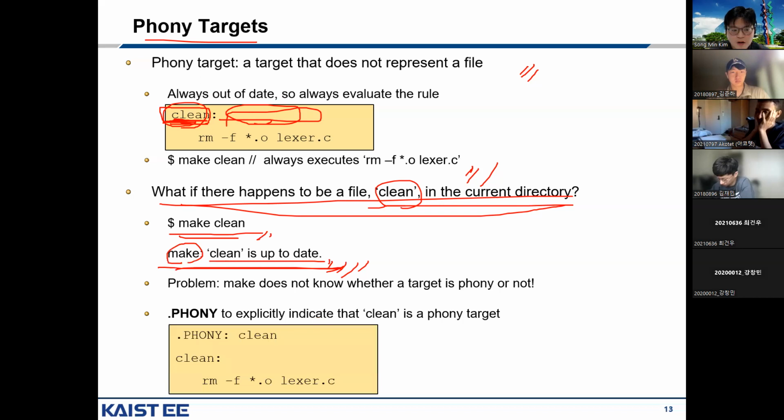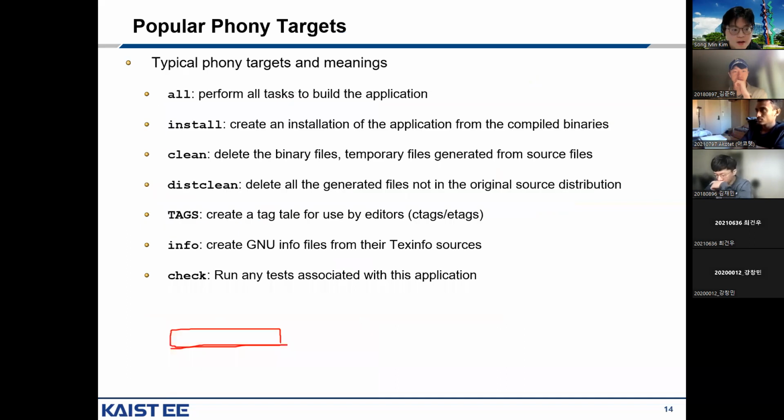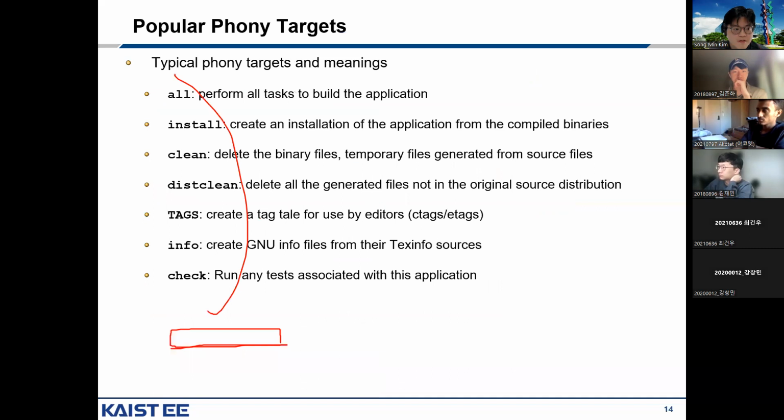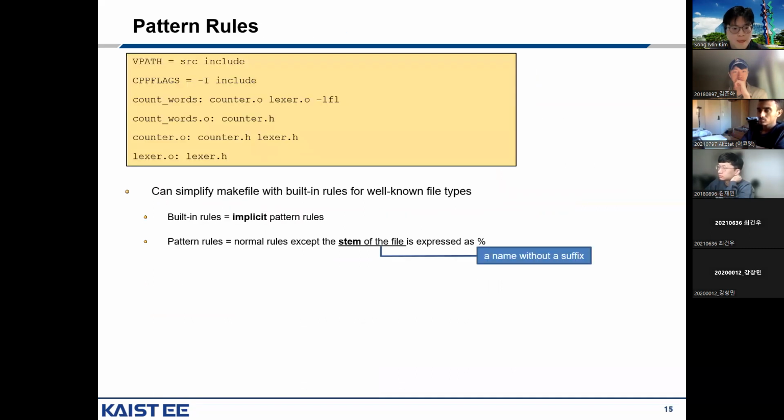So you basically have to tell the make utility that this is actually a phony target, not the name of a file. How do you do it? You just put this at the very beginning of the makefile to tell make that clean is a phony target. People typically have many phony targets, and you can look through them yourselves. Okay, let's move on.